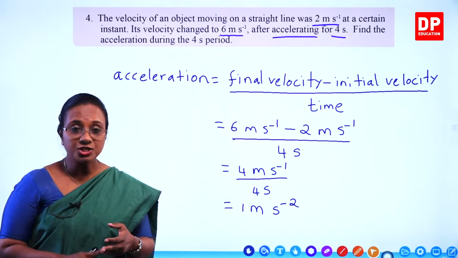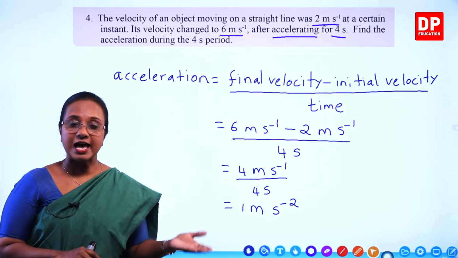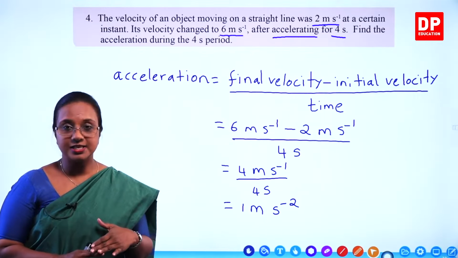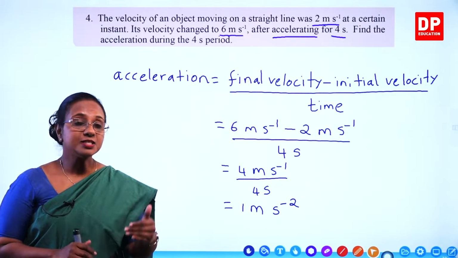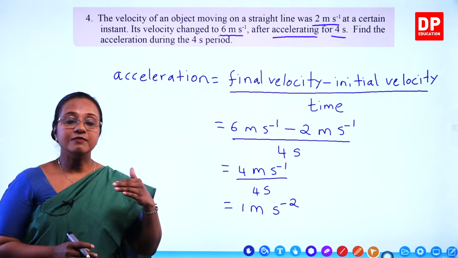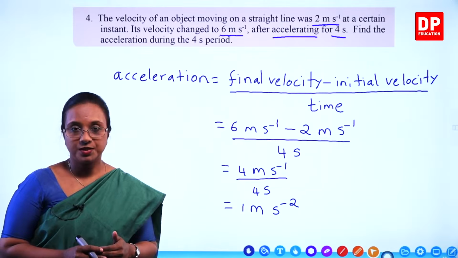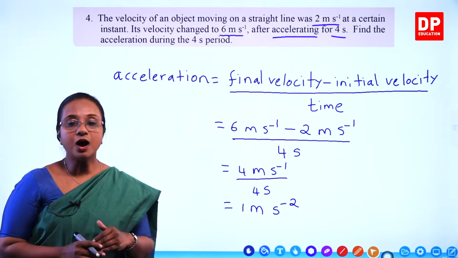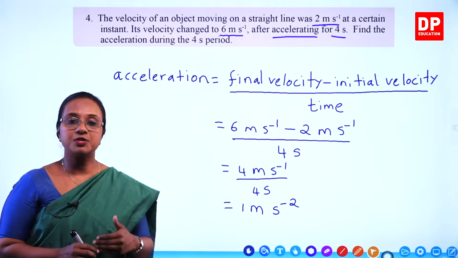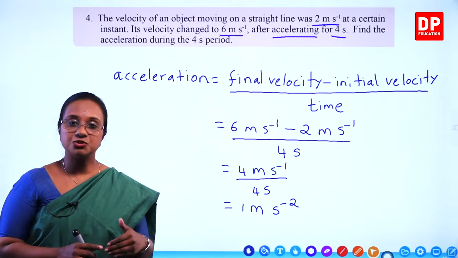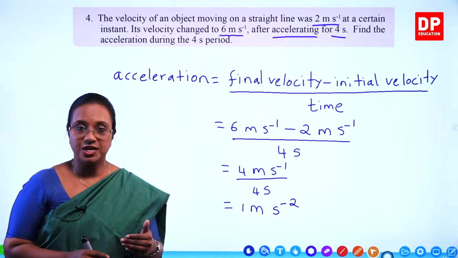Then the rate of change of velocity gives you either acceleration or deceleration. The next part of the lesson, we will put these data in graph form. So we will see how to draw different types of graphs related to motion of objects.